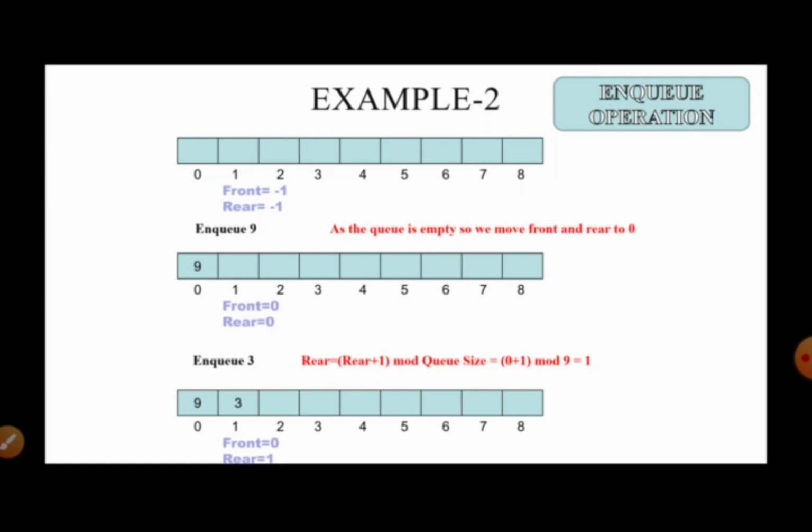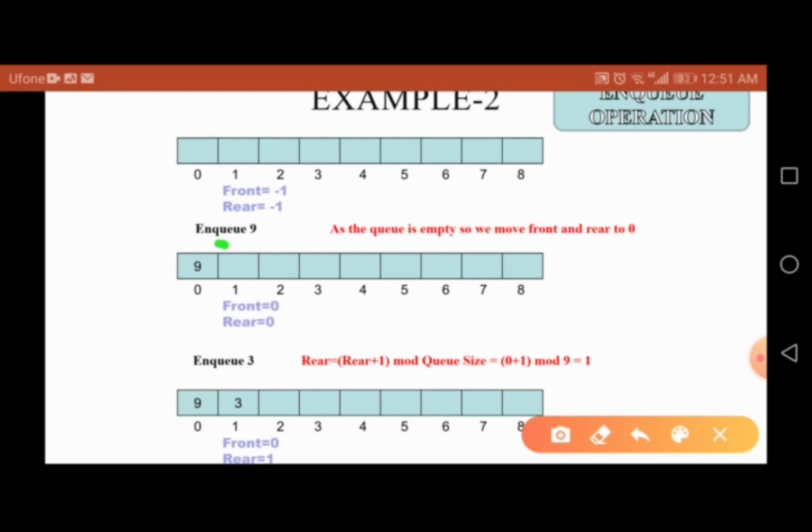Now in this example you can see that front is at index 0 and rear is also at index 0, but to enqueue we will change the rear index only. So the formula is rear is equal to rear plus 1 mod queue size.